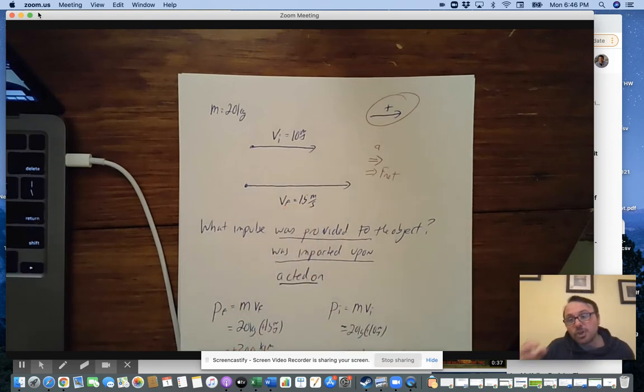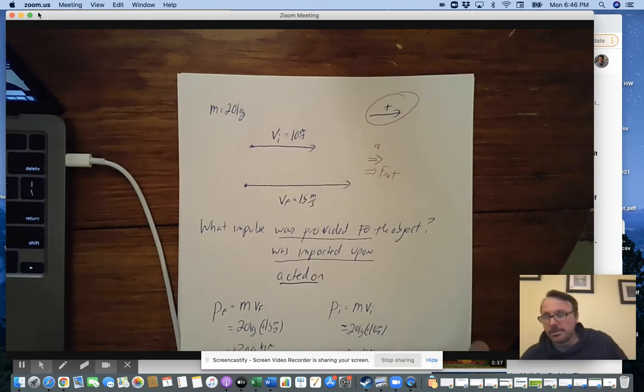Therefore, the amount of change that an object undergoes is not only related to the amount of force that's causing that change, but also the amount of time that that force acts. The longer the time the force acts, the greater the change is going to be. Hopefully that makes sense, right?